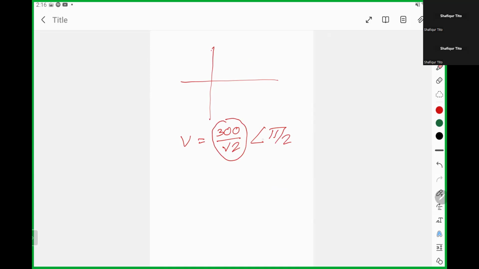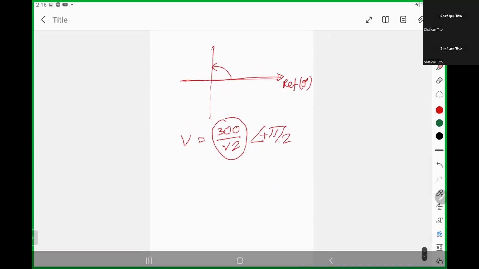We first need to understand what a positive angle is, and how I measure a positive angle and a negative angle. In the coordinate system, I take the x-axis as my reference, so it makes an angle of 0 degrees. A positive angle means I have to go counterclockwise, so plus 90 means I move in this direction by 90.